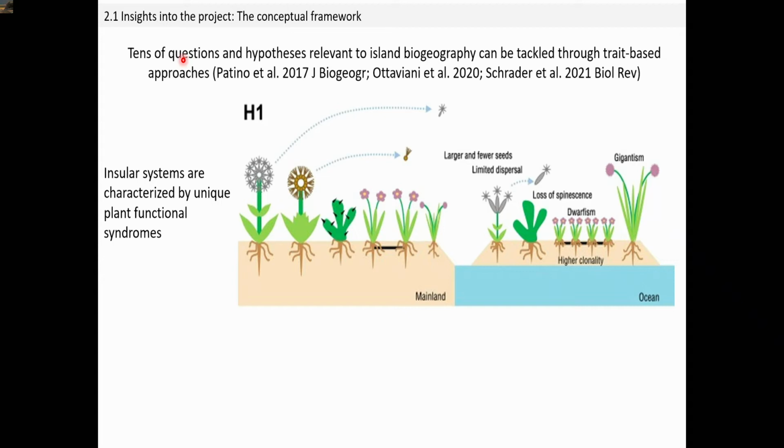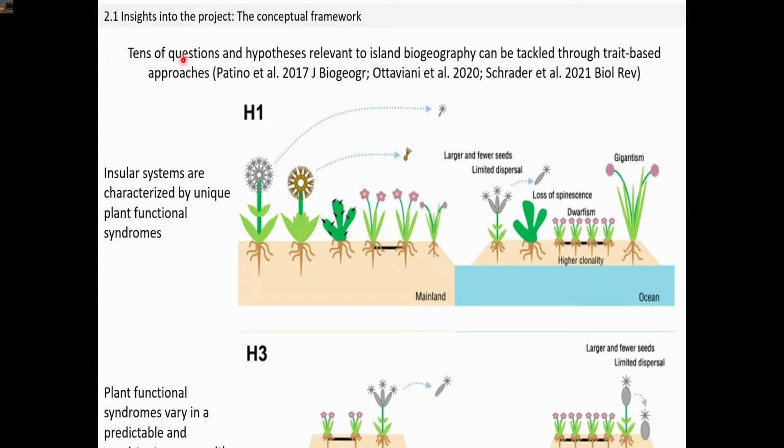And here we are showing what we are expecting, in a simplified way of course, the difference between mainland plants and their island counterparts. So we should be observing on islands that the plants are more limited in their dispersal, producing larger and fewer seeds. They may be losing spinescence, and then there is this island rule that I was explaining before.